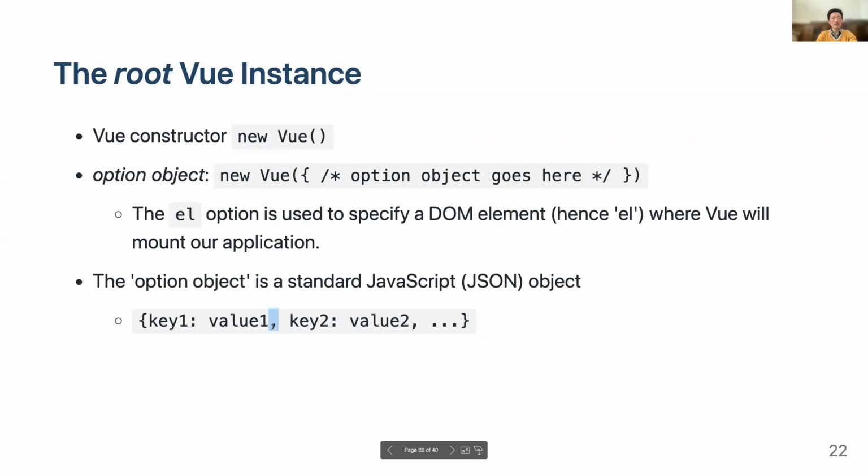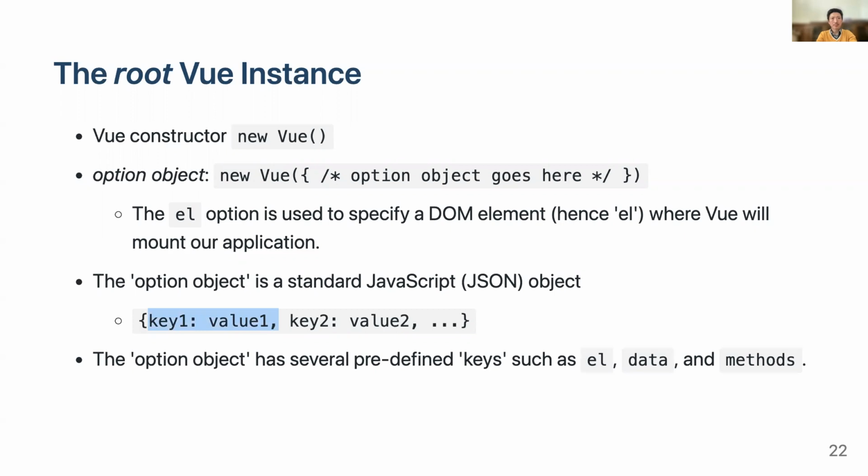So this is how you define it. You can have multiple ones. And this has some predefined keys we've already seen. El is for the element you want to mount. Data is for the data, what variables you will define. Methods are your Vue functions.